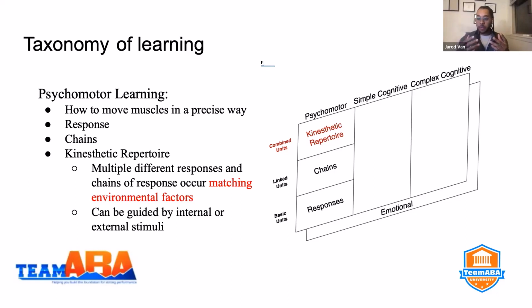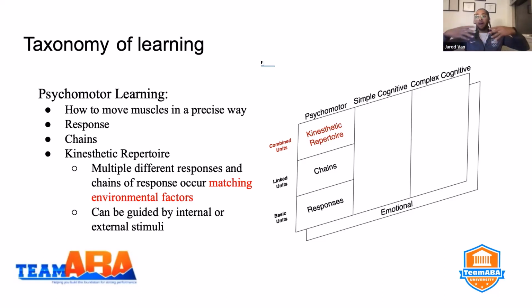We want to make sure they're able to use what they've learned through those chains and responses to move through different environmental factors, such as players on the field who are not on their team, that they have to maneuver around to be able to score, whether in soccer, football, basketball, field hockey, what have you.